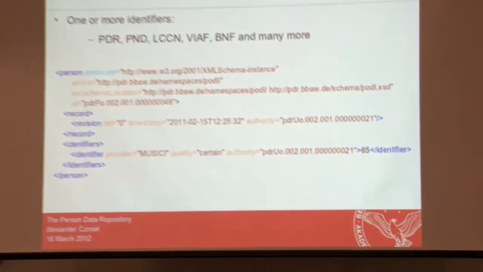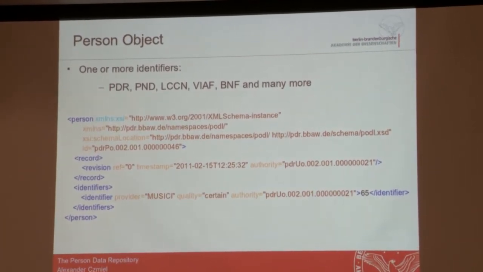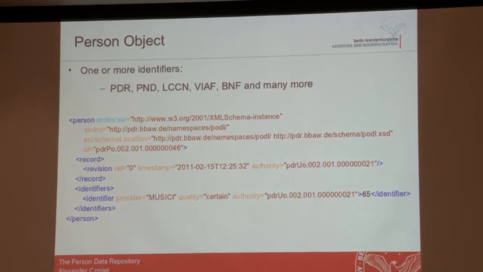There's the person object, which can have one or more identifiers, and that's it. Well, in the XML example, there's this element record, which is for administrative purposes, where the user who generated this object is stored, when it was generated, and when it was revised, the revision statement.